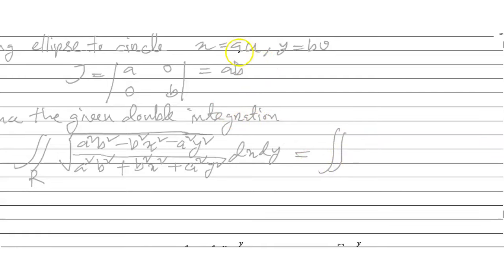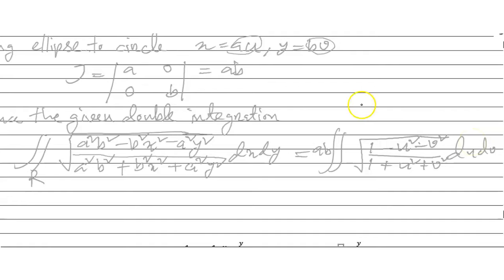Putting the value x equals au and y equals bv, whatever I get is ab root of (1 minus u squared minus v square) divided by (1 plus u square plus v square) du dv.